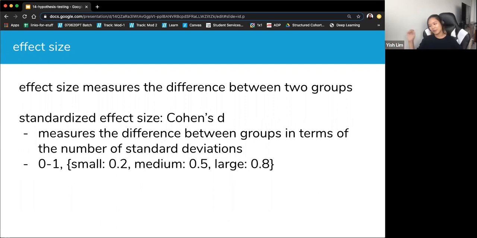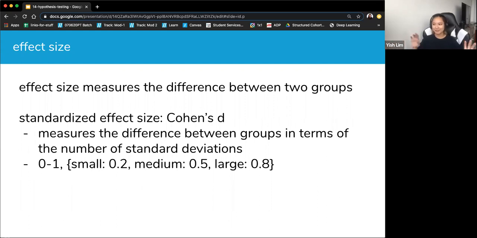The most common one we use is Cohen's d, the name of the metric you use to measure the differences between things. It measures in terms of standard deviations.